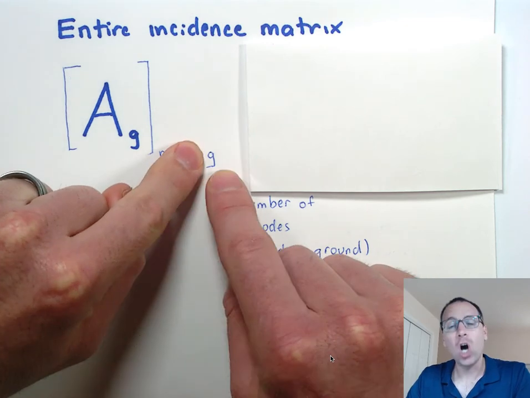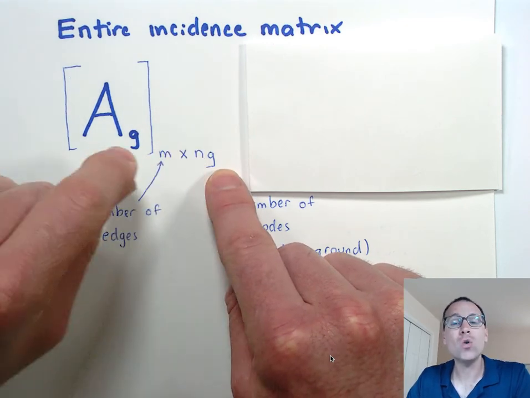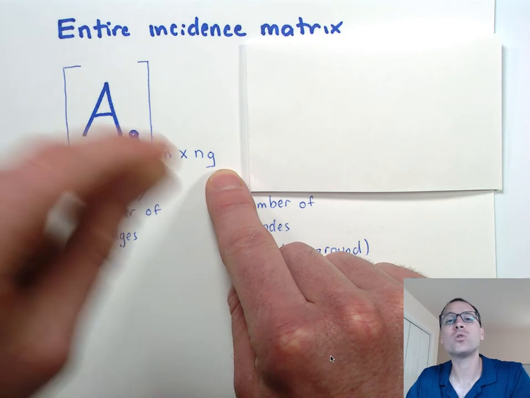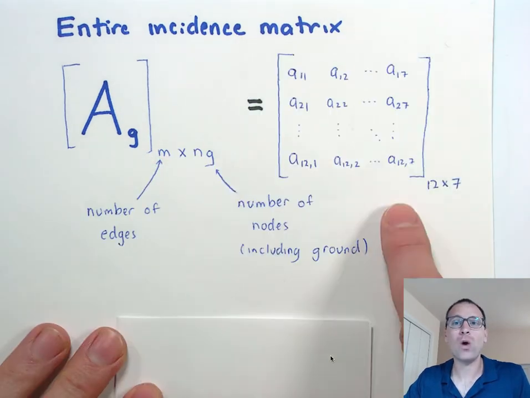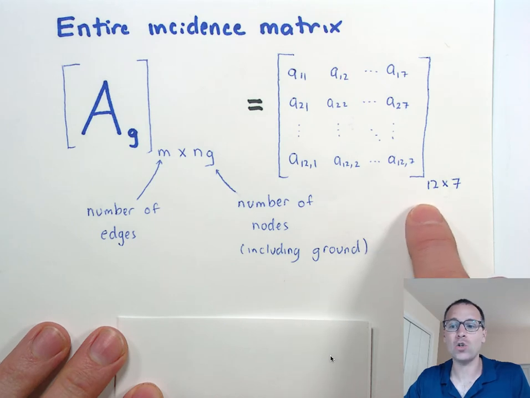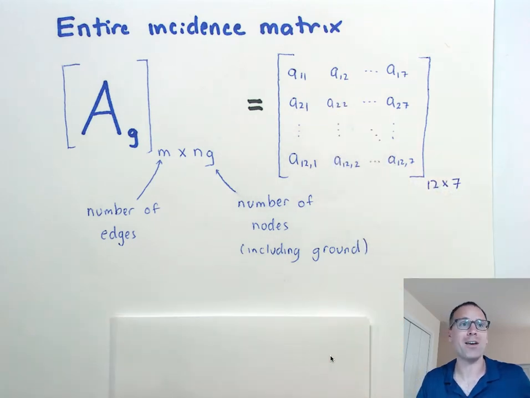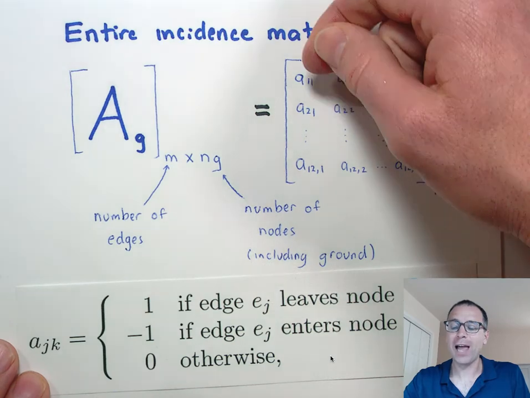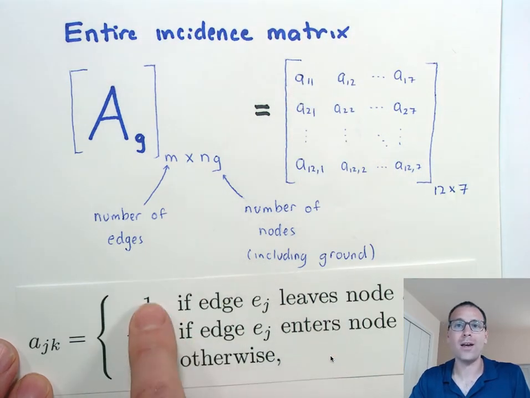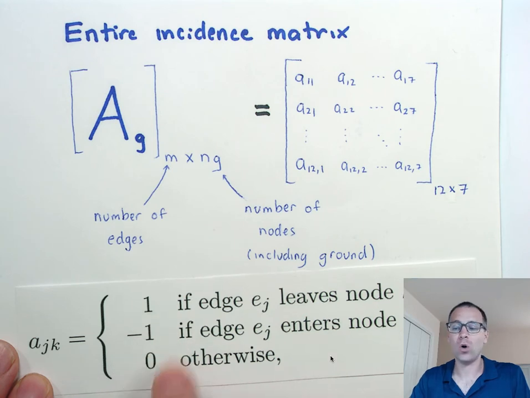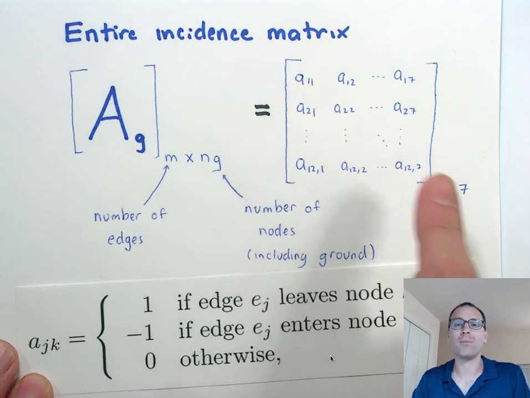The number of columns corresponds to the number of nodes in the digraph model, which is identical to the number of nodes in the original circuit. Because in this circuit we have 12 edges and 7 nodes, we're looking for a 12 by 7 matrix, and we can actually run through the individual elements to find out whether they're equal to 1, -1, or 0, going from row to row, column to column.